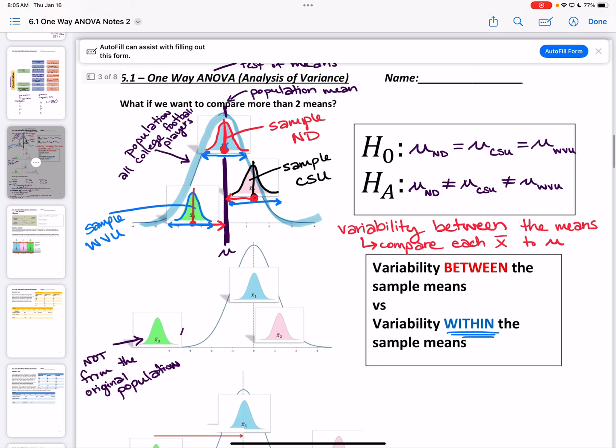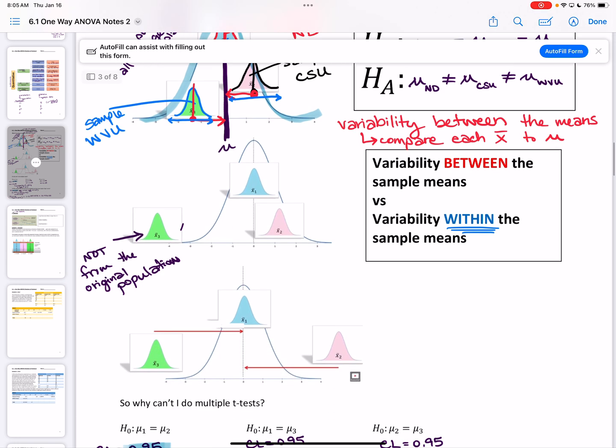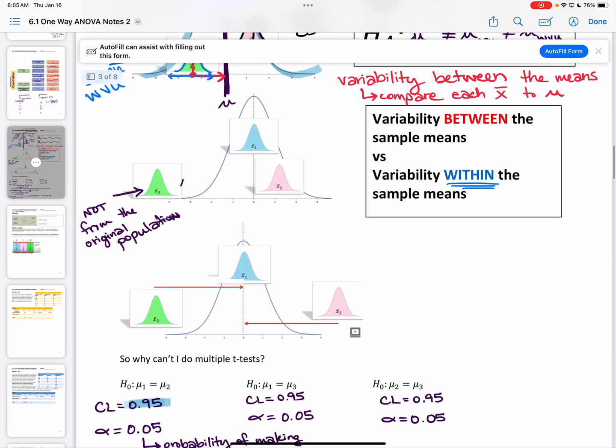And then we had different scenarios. This top one, all of them were within that population, right? They're all pretty similar, so we would probably get failed to reject the null. This one, they're more spread out. This one doesn't even look like it's from the original population because it's so far away, right? And then the means are really far away from that population mean and that first sample mean.